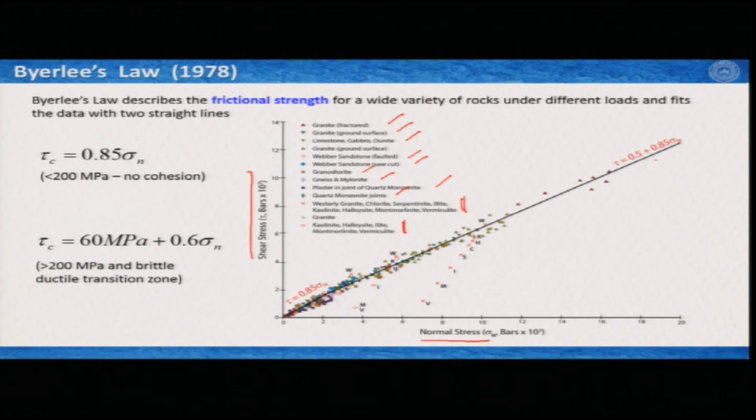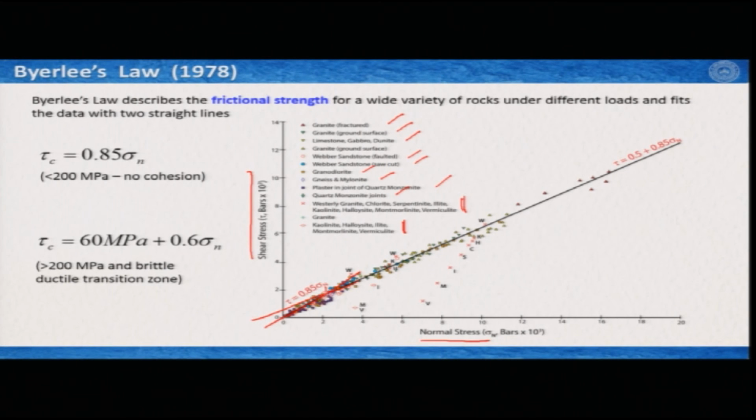The first take-home message from this plot is that the composition is not a function determining the frictional strength and the cohesion particularly. However, it is a function of normal stress. If we zoom into this part, then we would see that here the line is going through the origin, and then if we connect these points, it is not going through the origin, it is coming somewhere here.